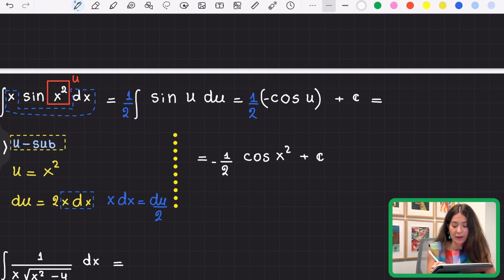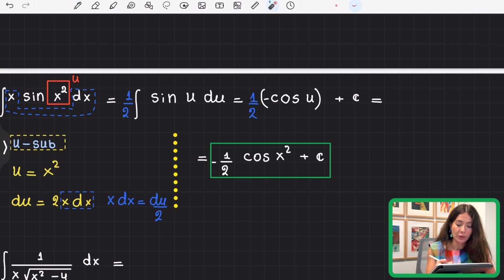You need to have your answer in terms of the same variable, and that's the final answer. Let's box this. If you're unsure what the integral of sine is, and you're thinking if it is negative or just positive cosine, you just have to take the derivative of your answer here, and you have to get sine.